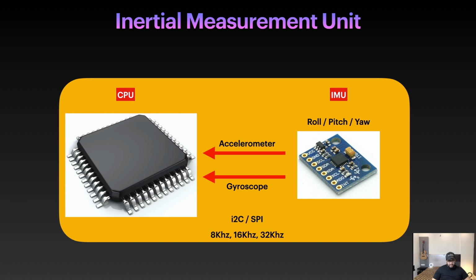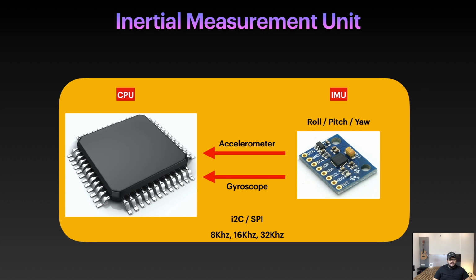And this IMU chip is sending data to your main CPU over some protocols. These protocols are generally I2C, Inter-Integrated Circuit, or SPI, Serial Peripheral Interface. These are the common chip-to-chip communication protocols, or digital serial protocols, that the IMU uses to communicate with the main CPU.